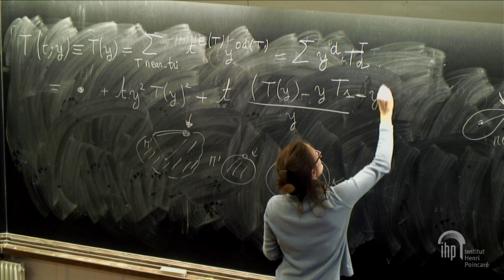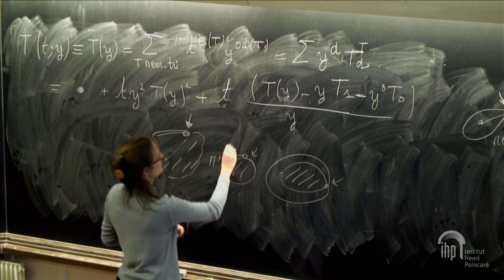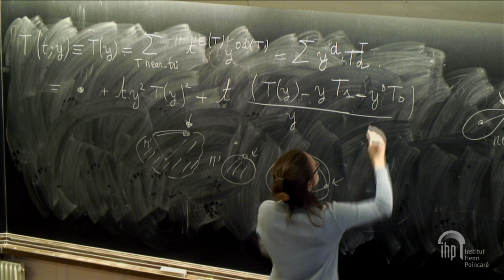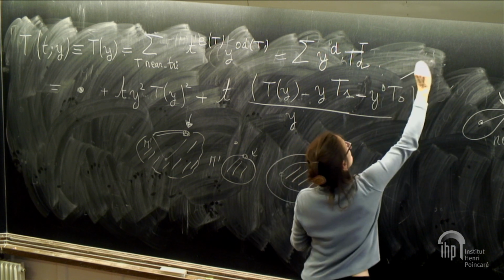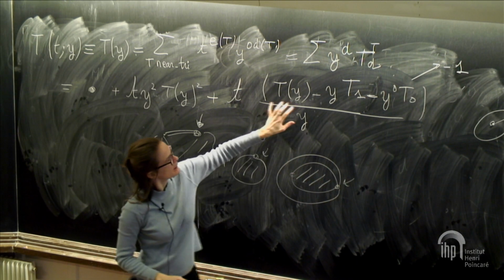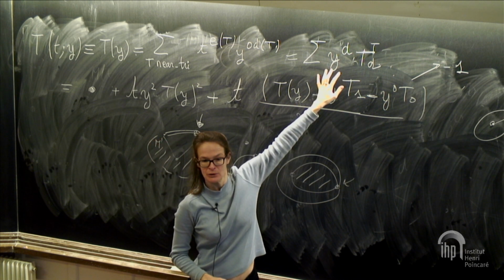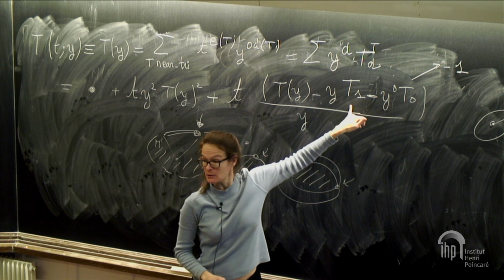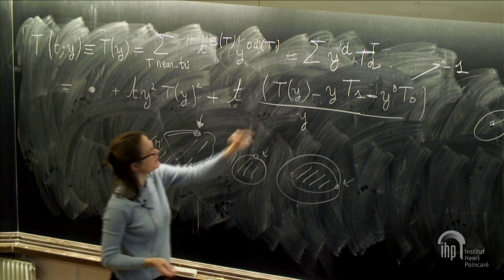So say y0, t0. Indeed, if I start from the atomic map here, there's no way I can construct a triangular face. So this is just minus 1. So what I did here, I took T of y, subtracted the first two terms of its expansion at 0. One of them was fairly simple. The other one, we don't know what it is, and that's the one we'd like to determine. And I've divided by y.